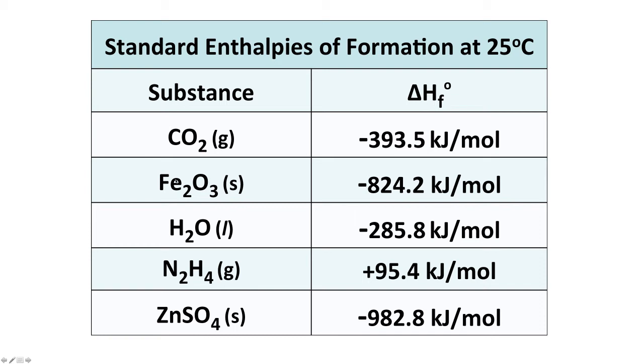Same idea for iron(III) oxide: forming 1 mole of that from its constituent elements has a delta H of negative 824.2 for that reaction equation. Water's delta H of formation is given, hydrazine is a similar idea, and zinc sulfate has a delta H of formation of negative 982.8 kilojoules to form 1 mole of that substance from the constituent elements zinc and sulfur and oxygen.